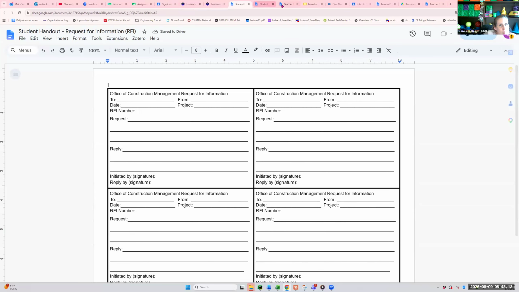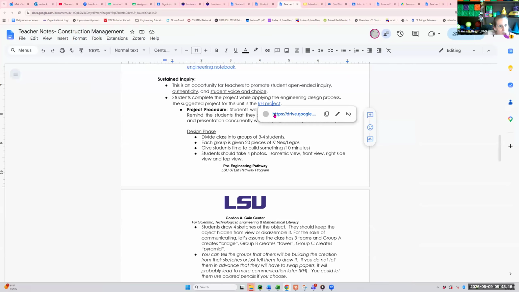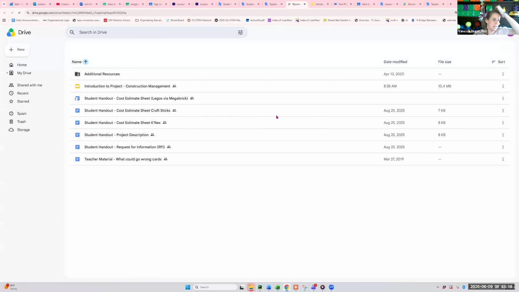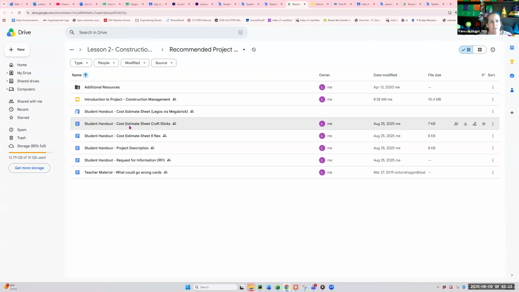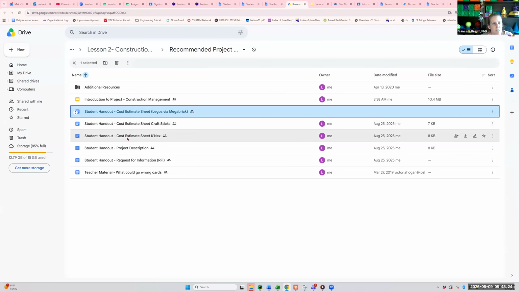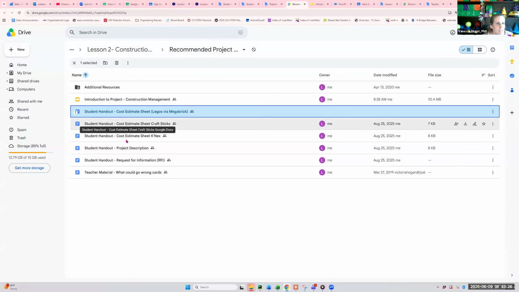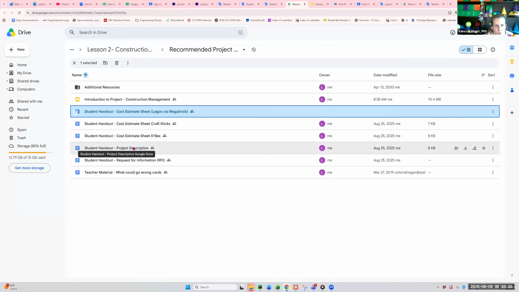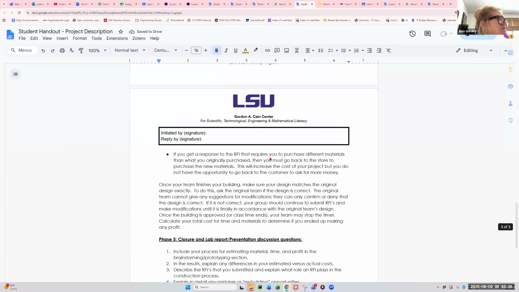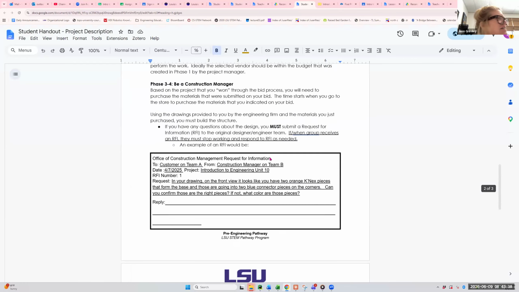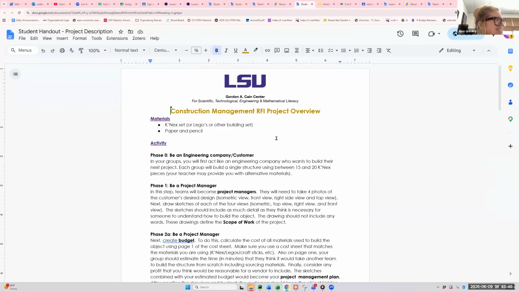They are in the recommended project folder, but I will add some of those links in. The cost sheets will definitely stay as a teacher resource because we don't know which one is which. That's the one I had to get permission for, because I couldn't get into this folder.